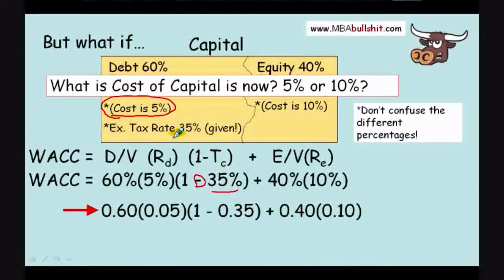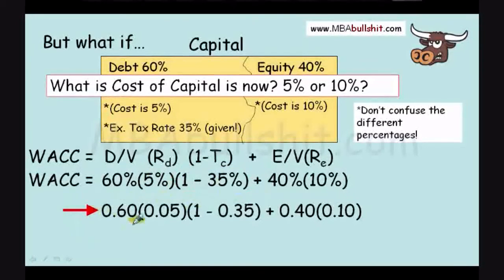But if you don't understand that, then don't worry so much about it. Just believe me when I tell you that you should add this part to the debt side or the debt area of the equation. Alright.